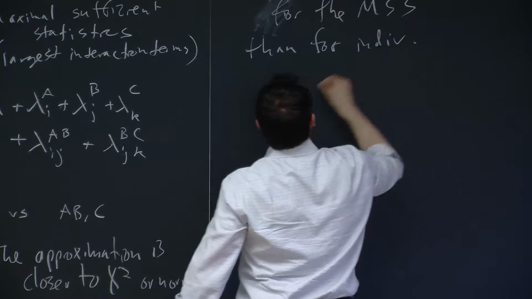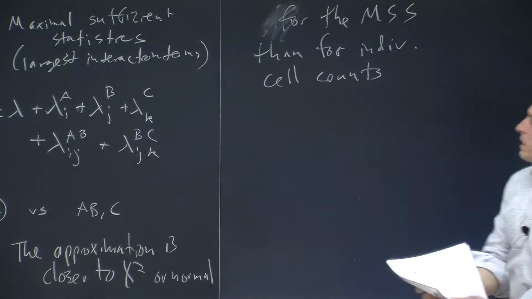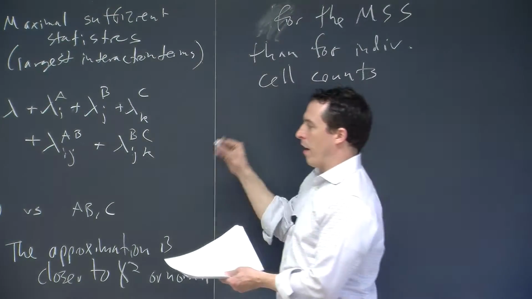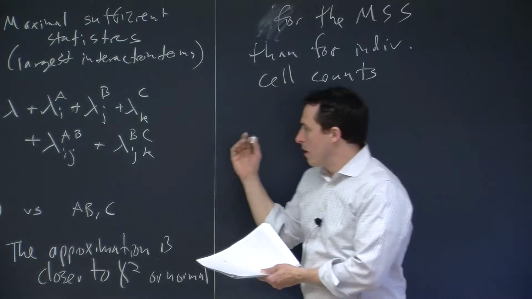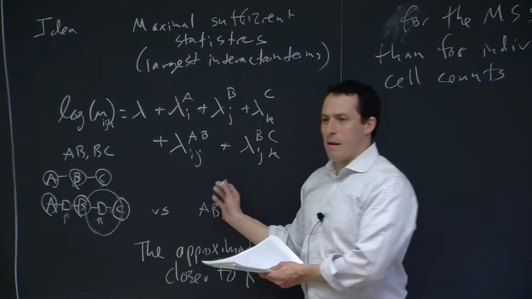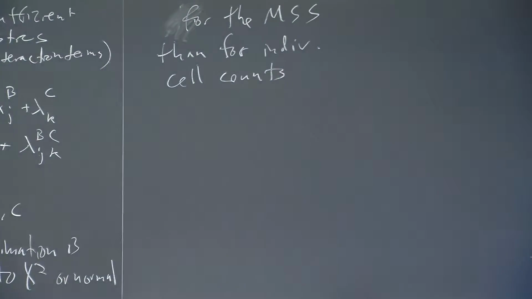In other words, I could have zeros in my table for individual cell counts, and that would cause problems with my chi-squared or my other asymptotics, but I could still, with respect to these other statistics that I'm actually looking at, not have zeros, and that wouldn't cause a problem.